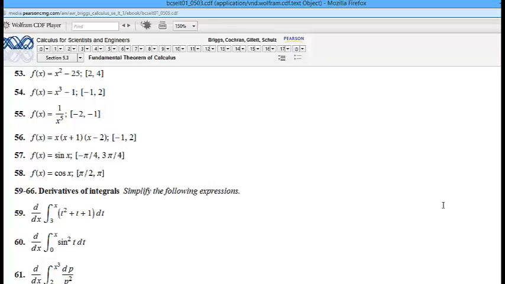So 59 says we want to find the derivative of the area function given by the integral from 3 to x of t squared plus t plus 1 dt.